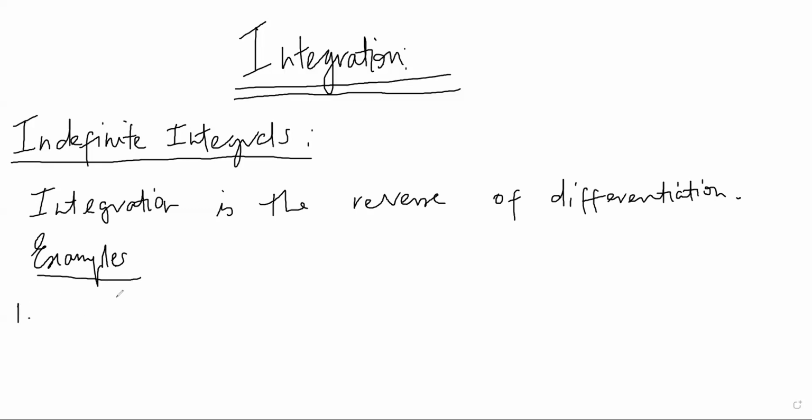Number one, suppose that we want to integrate the number 2. Remember, we said integration is the reverse of differentiation. We want to calculate the integral of 2. The way we denote this is the following.